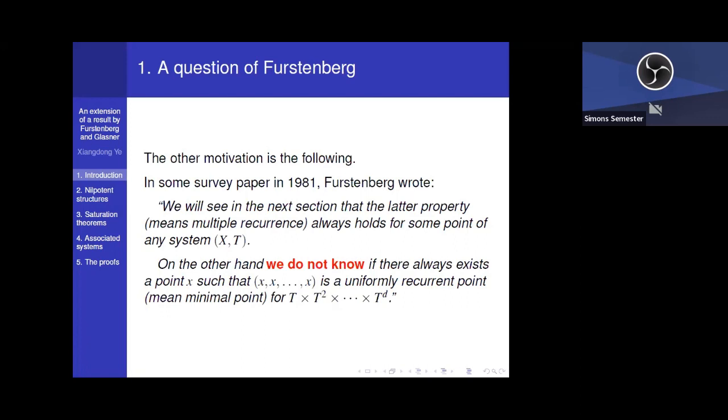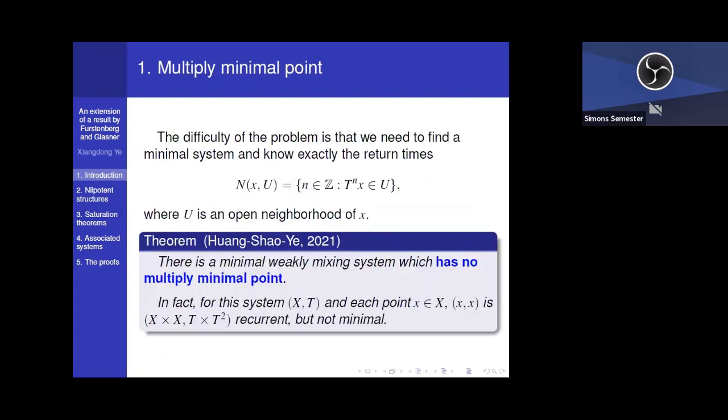He wrote, on the other hand, we do not know if there always exists a point which is multiple minimal. In a paper, we disproved this; we give an example which has no multiple minimal point. The difficulty of the problem is that if you want to answer the question, you should know exactly the return time, where U is an open neighborhood of x.